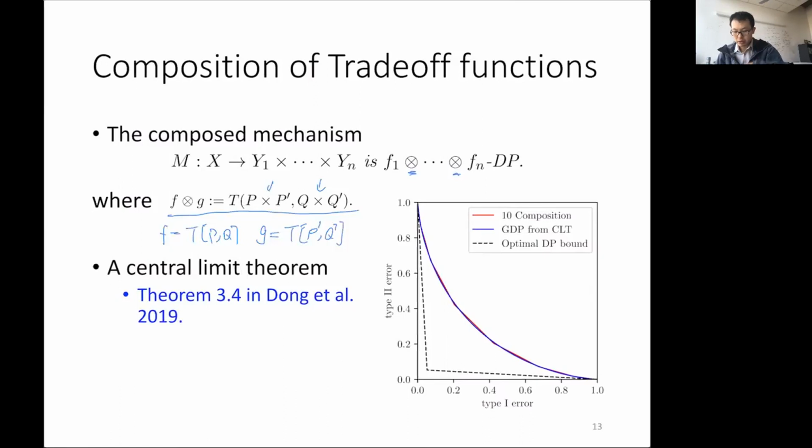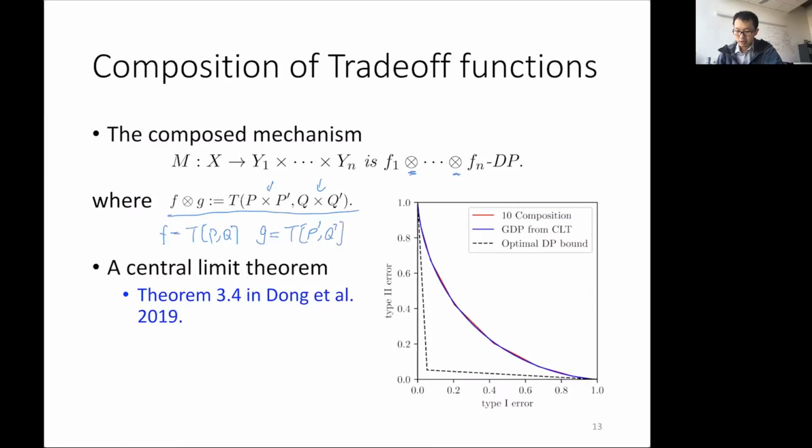So the approach proposed by Dong et al. is to appeal to the asymptotics. Specifically, when we are composing an arbitrary sequence of mechanisms and each one of them satisfies F differential privacy with some regularity conditions on these individual Fs, then there's this universality result that says that it doesn't matter what this individual F looks like.